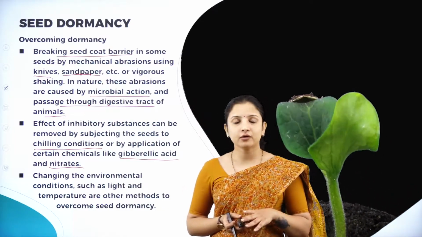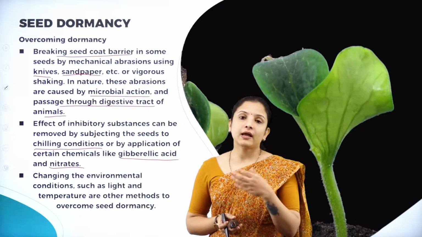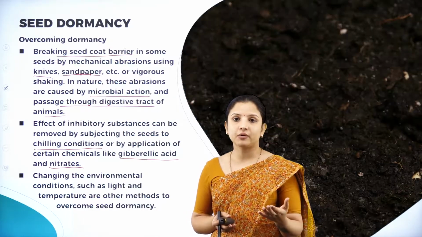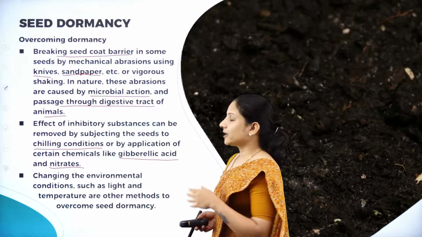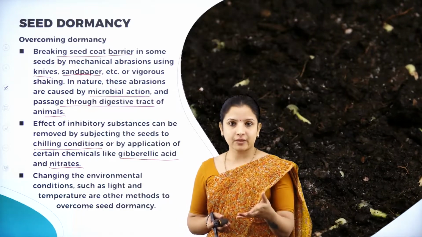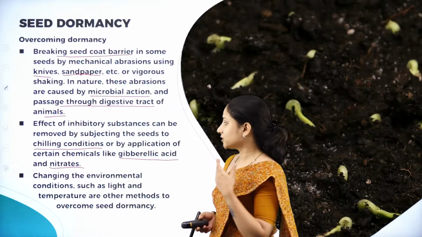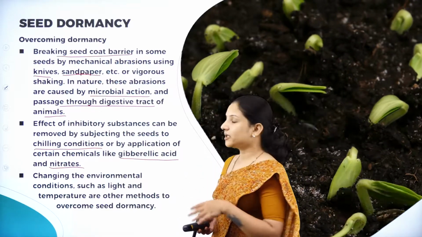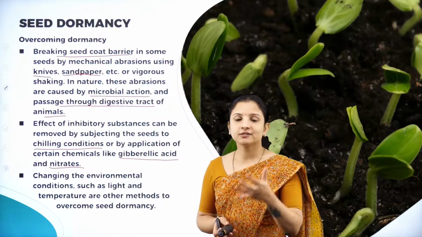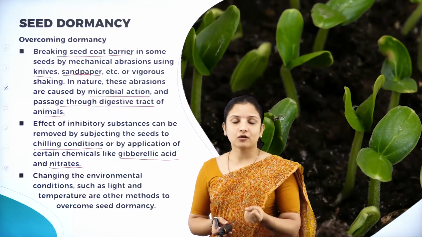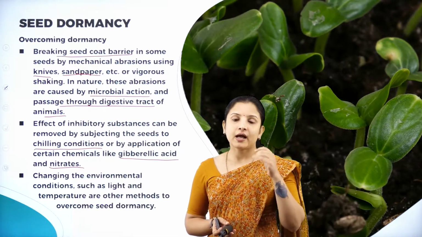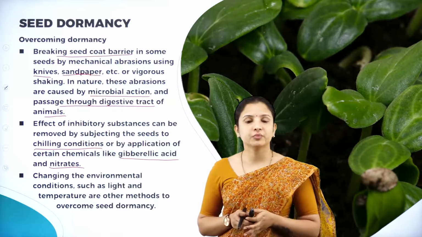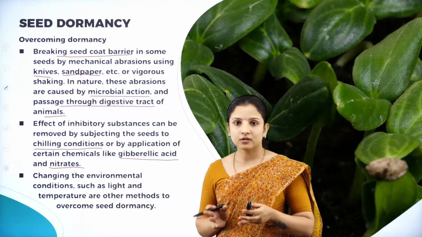Here we can remove the effect of such chemical compounds. How? Either we can subject the seed to very cold or freezing temperatures or chilling conditions, or we can apply certain chemicals like gibberellic acid and nitrates, which will reduce the effect of the abscisic acid and promote the seeds to germinate. That can be done because gibberellic acid is one of the growth regulators, right?